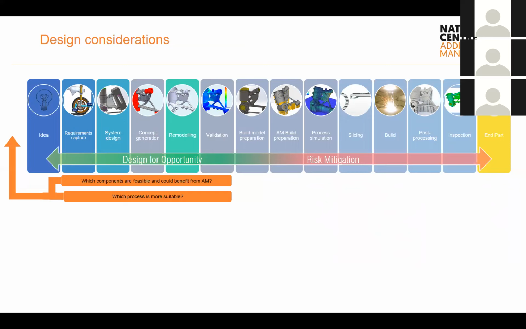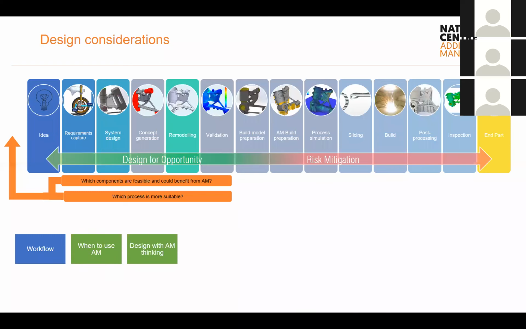So what are the design considerations, or the modules that we've been developing that we think are key in using design for additive? First of all is understanding the workflow. As I said, I presented today what the workflow is and how we can implement that when we use additive manufacturing. That's a key element, as well as how we change our design thinking when we're using additive manufacturing.